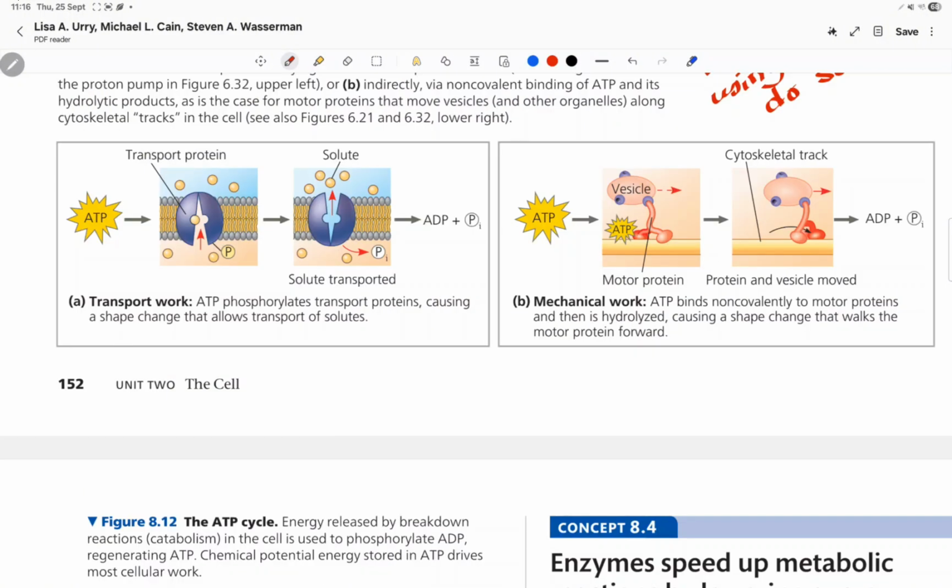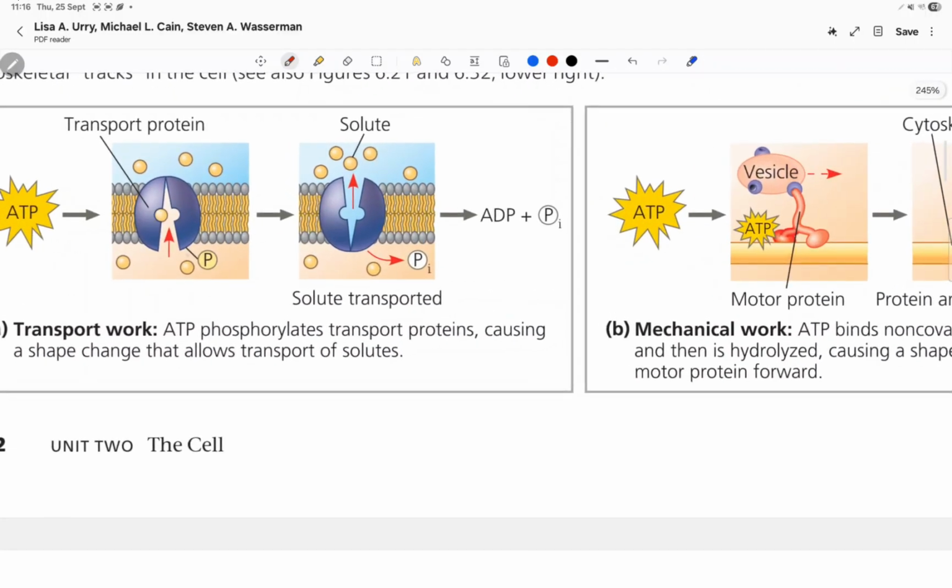So the point of using ATP is because ATP has an extra P that it can give, and now when a transport protein has P on it, we call this protein phosphorylated. At this moment, this transport protein is not transporting anything. But now once the phosphate is removed, the solute will then be transported.